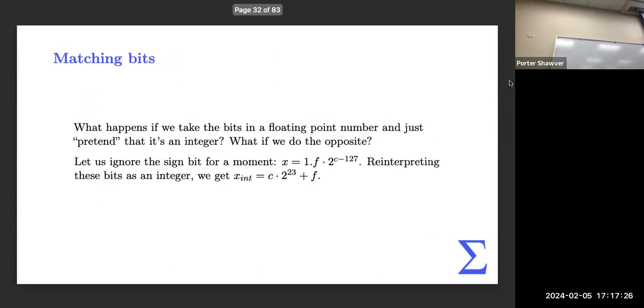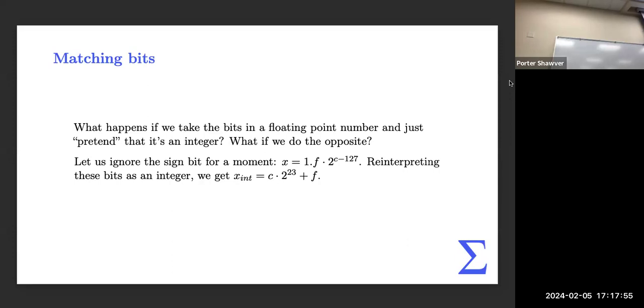Cool. So I'm just gonna ignore the sign bit for now and for most of the presentation because it doesn't really matter. You just toss a -1 in through various things that we talk about. Say you had a number with a positive sign bit, then the number that we see is 1 point f, 1 point the mantissa, times 2 to the whatever is represented in binary minus 127.